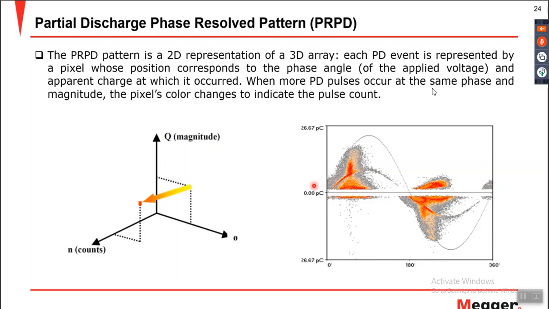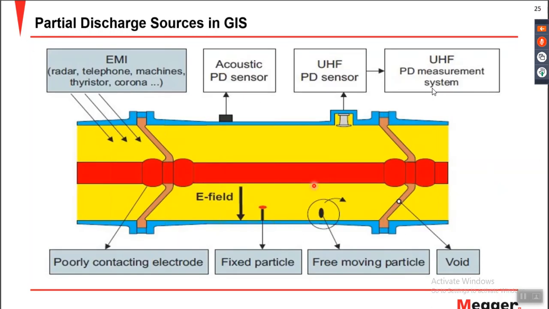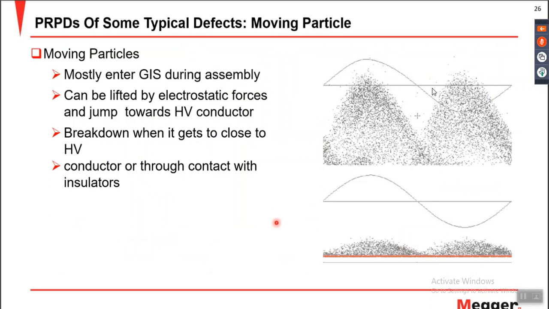Whenever we talk about different kinds of defects inside the GIS, such as floating electrodes, voids, or particles, they have a definite pattern generated by these discharges. If I talk about a free moving particle inside the GIS, it generates a pattern like the one shown on the right side of this slide.